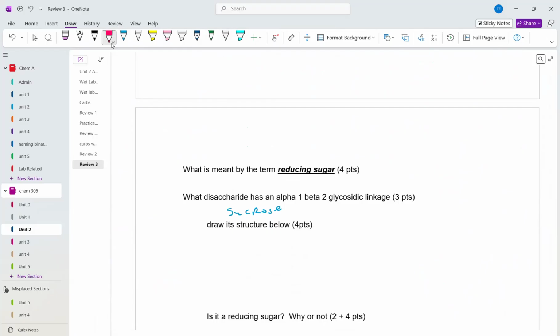Okay, reducing sugar has a hemiacetal present. Opens to an aldehyde, and number 2, it can be oxidized.